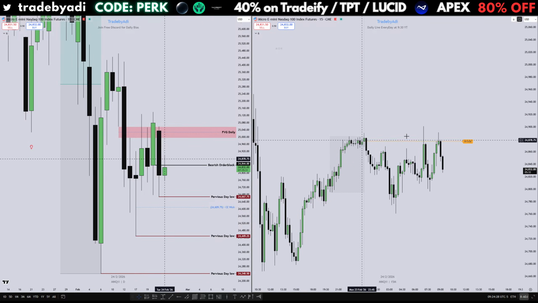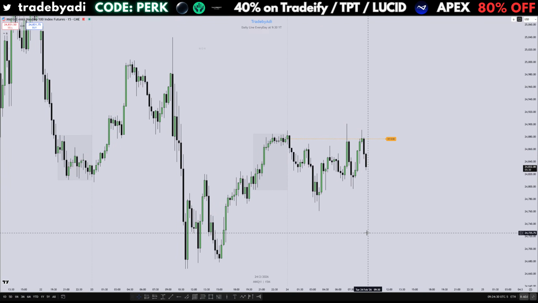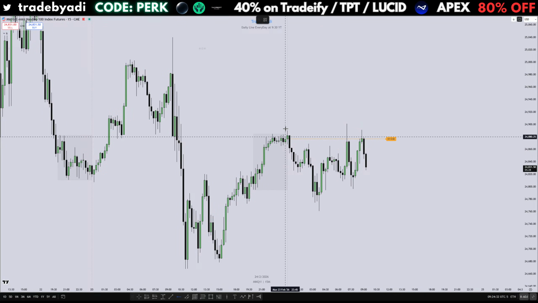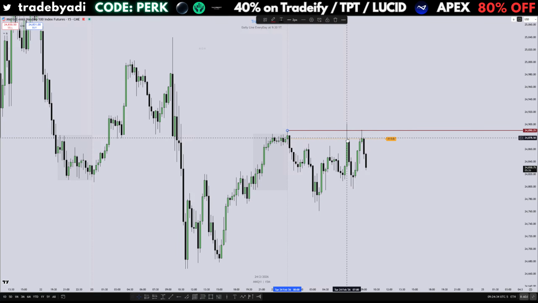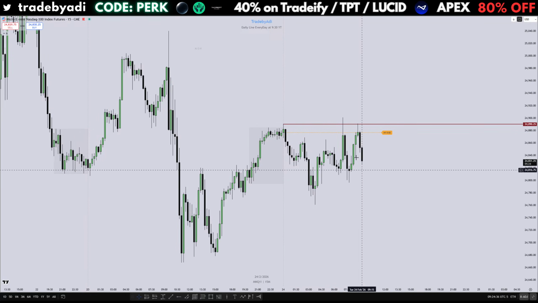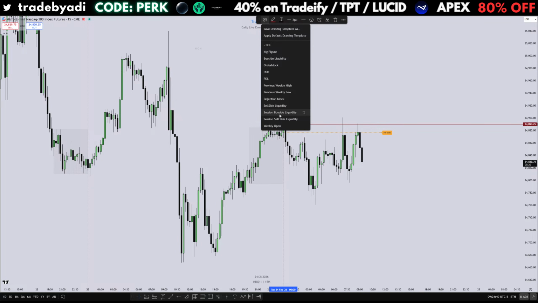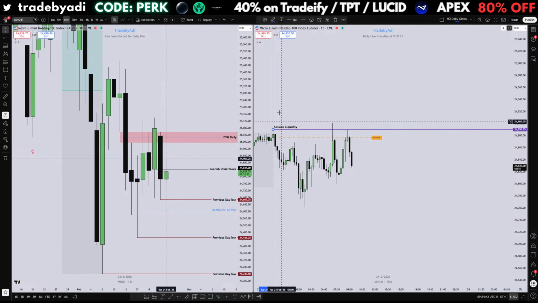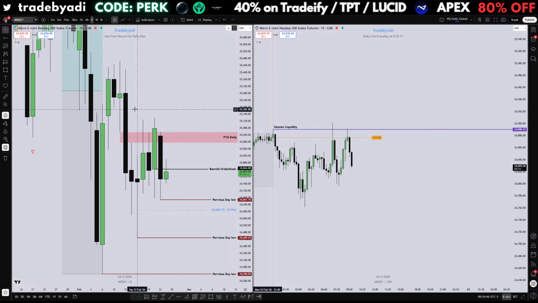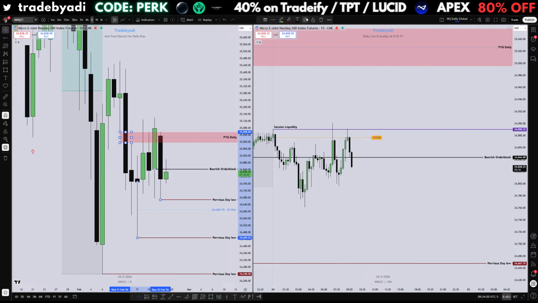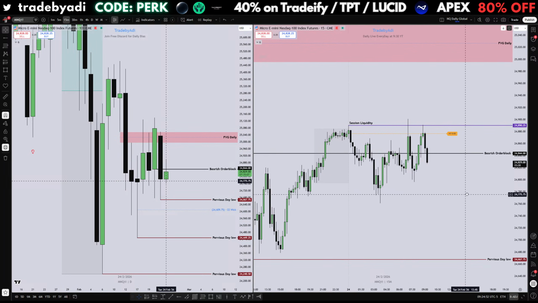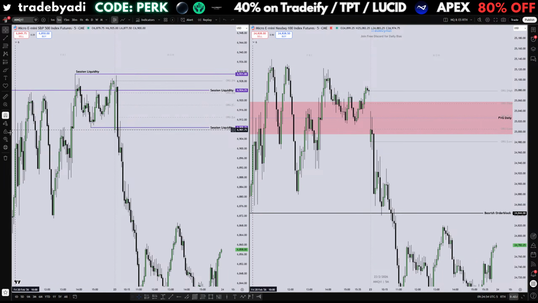On the hourly, if you check the hourly candle, we have taken out this buy side liquidity at 7 o'clock. Let me sync all of this in all the time frames.